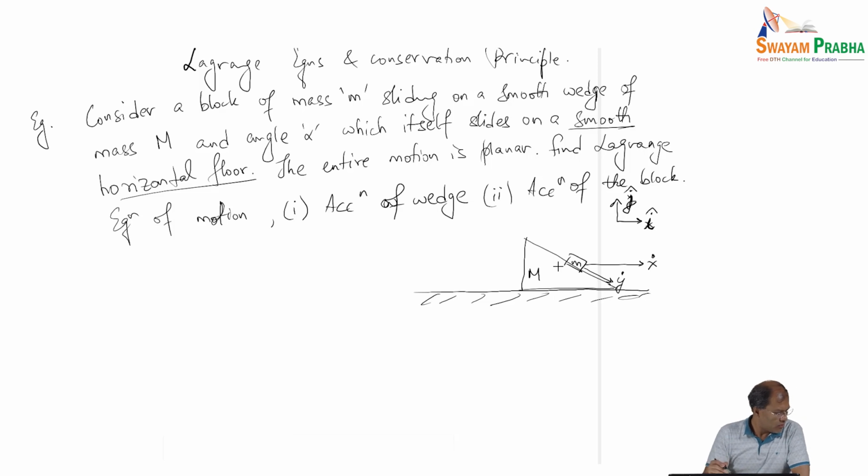Now, had we not approached this problem with the Lagrange setup, the motion would be very complicated. We would have to write the force balance separately for the wedge as well as for the block, and there will be a set of normal reactions driving both the block and the wedge, which eventually cancel.